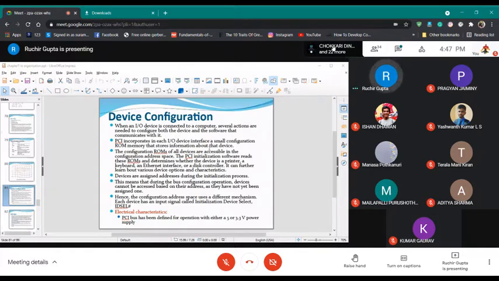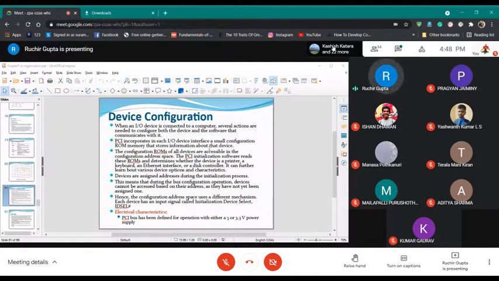So this whole process happens after plugging the device. Once you plug the device, the configuration memory will be read, and depending on which pin in the motherboard it is, the address will be determined. The device will request a regular address in memory space or IO space, and priority will be assigned.